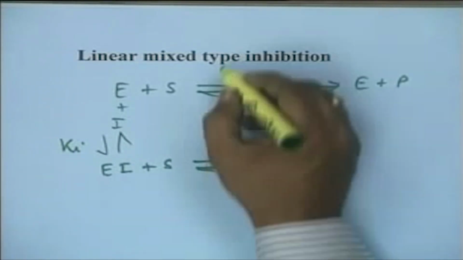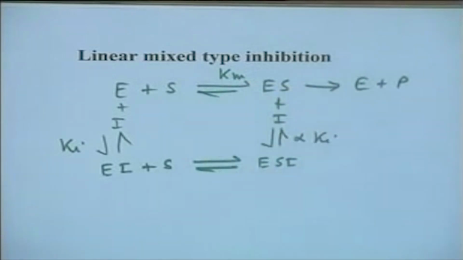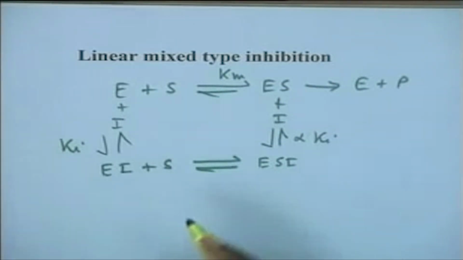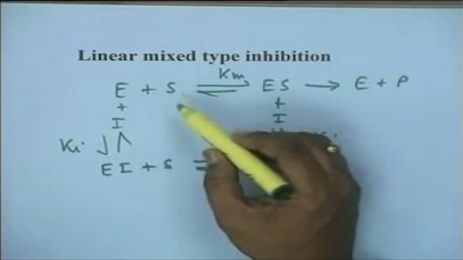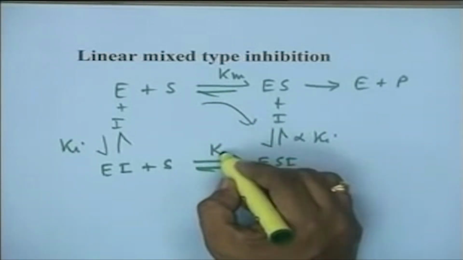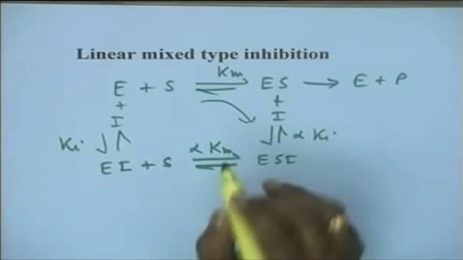Now, obviously, if the inhibition constant for this is Km, and the system has to come to an equilibrium, then the equilibrium constant for reaching ESI from either side must be identical, and that way this inhibitor constant will also become alpha Km.